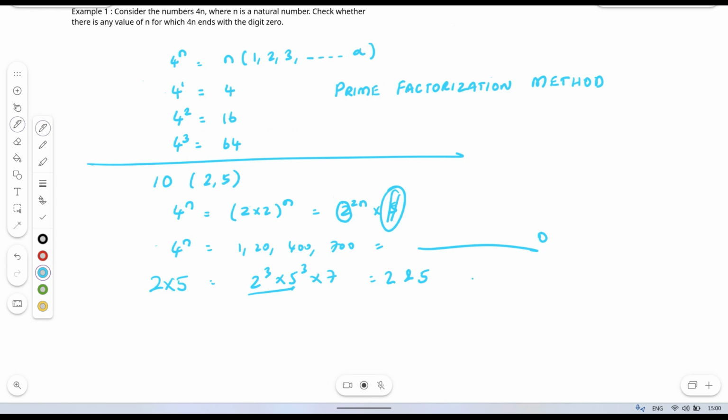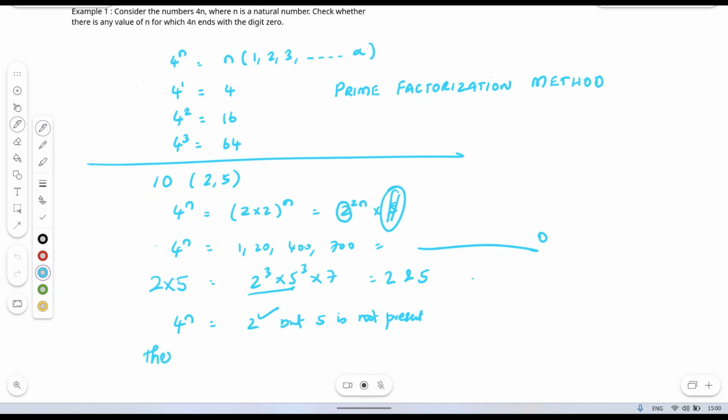Here, 4 to the power n does not have the factor 5. 2 is present, but 5 is not present. Therefore, the number will never end in 0 for any natural value of n.